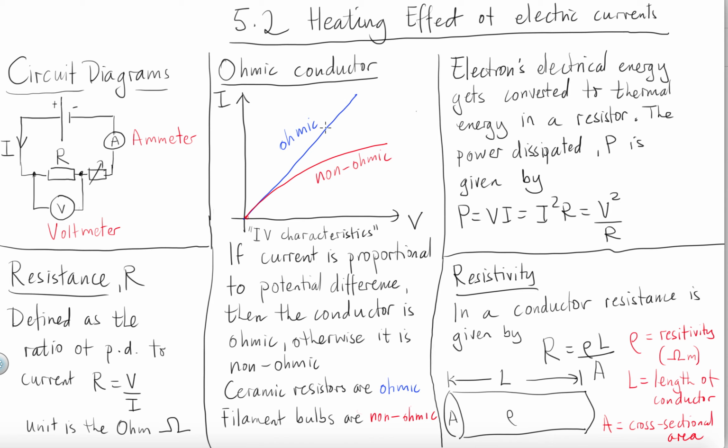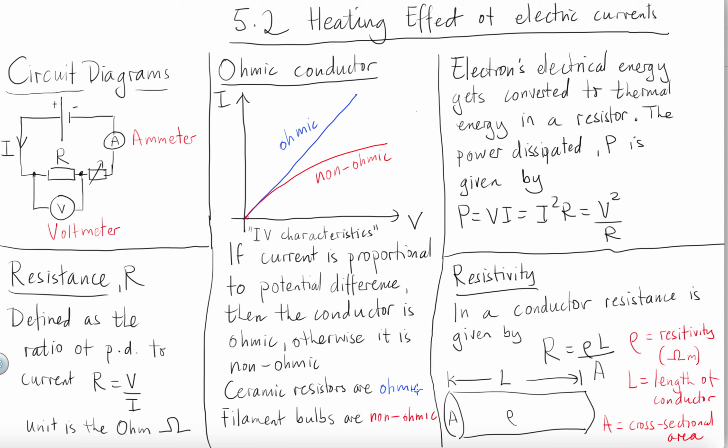That's the blue line here. So if a straight line graph can be plotted through the points and through the origin, then it's an ohmic conductor. However, if there's any other situation, i.e. this conductor which has a curved IV characteristic, we call it, then it's a non-ohmic conductor.